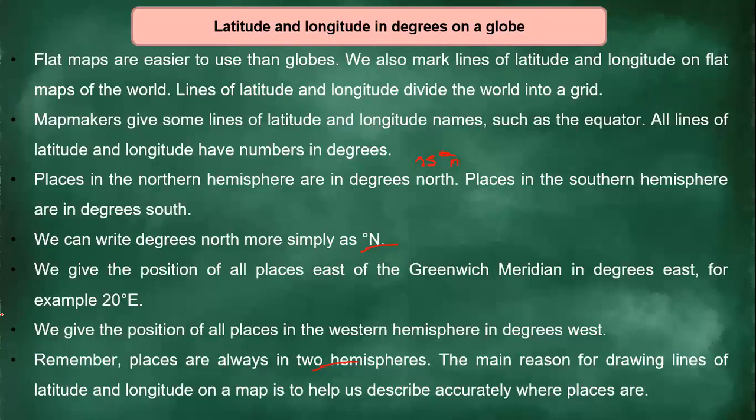Then quickly you will get Africa, unlike going around looking, when you will never find it. So latitude and longitude help us to describe accurately, so we are able to identify where a place is exactly and quickly, without wasting time.